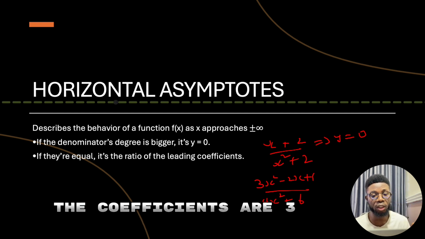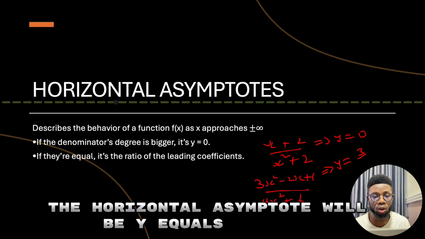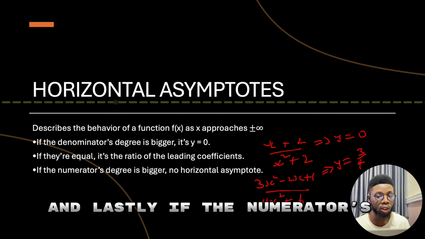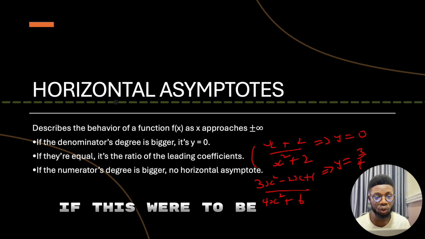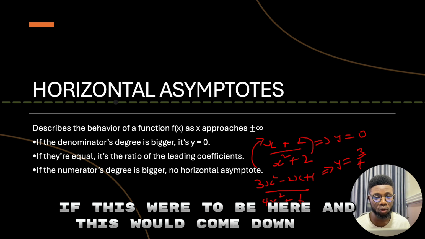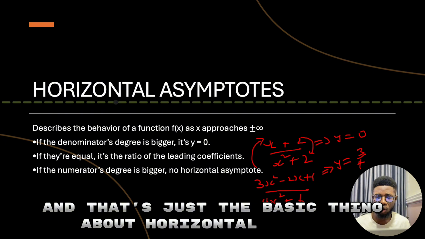The leading coefficients are 3 and 4 respectively. So that implies that the horizontal asymptote will be y equals 3 over 4. And lastly, if the numerator's degree is bigger, then you have no horizontal asymptote. That is, if this were to be here and this would come down here, then there will be no horizontal asymptote. And that's just the basic thing about horizontal asymptotes.